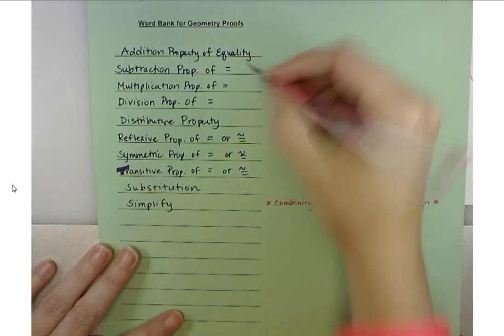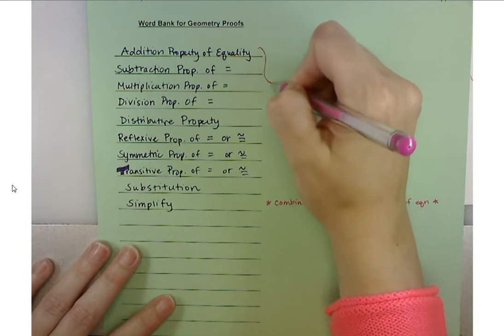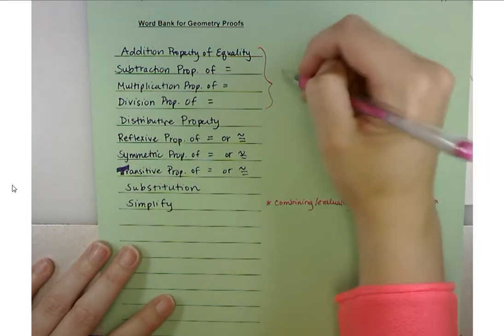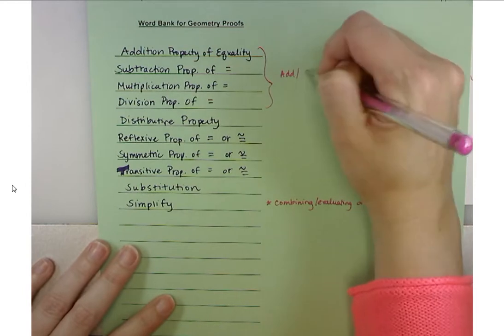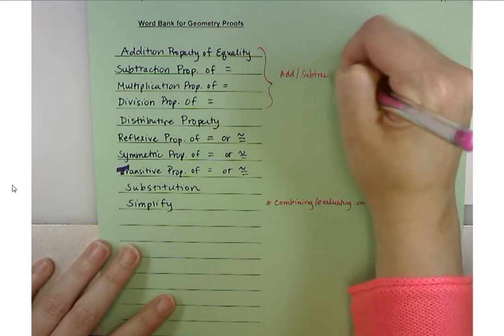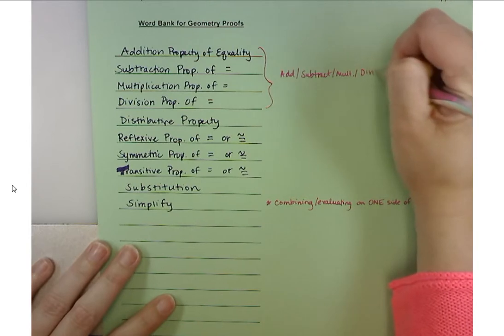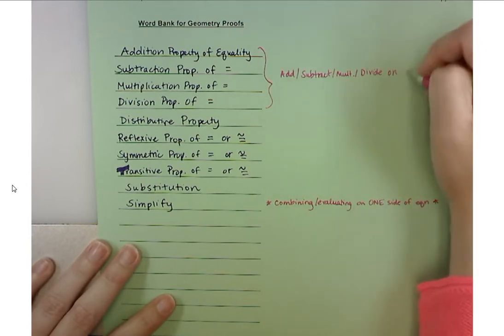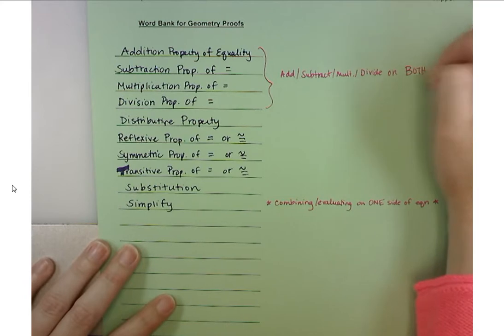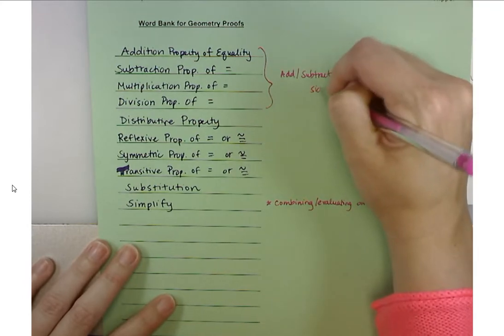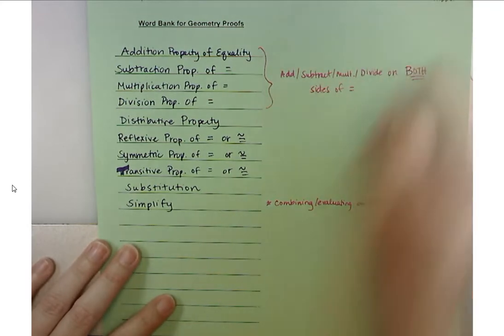The ones at the top here, this whole group is going to be when you either add, subtract, multiply, or divide on both sides of the equation.